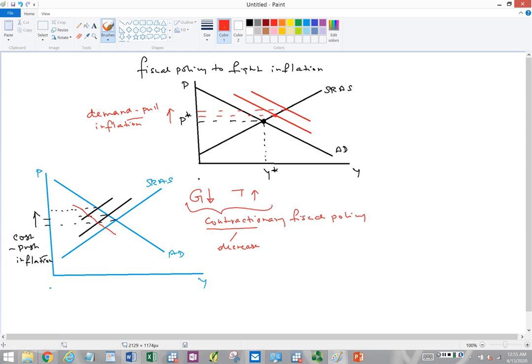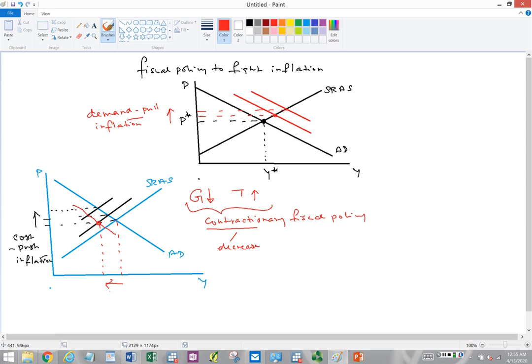Is that correct? Because you would have a new equilibrium, let's say here, correct? And we would have a decrease in equilibrium GDP. So yes, cost push inflation might be fought with contractionary fiscal policy, but the result would be higher unemployment, right?